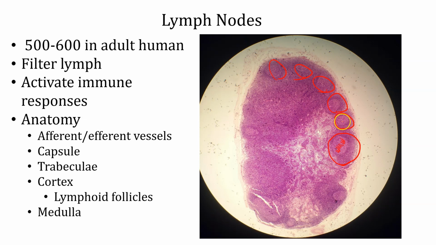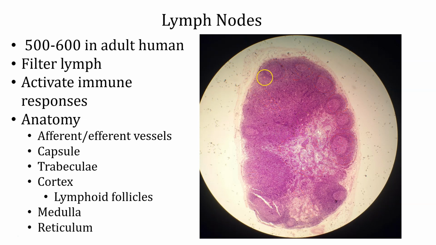Then you can see all of the T cells surrounding them in these big follicles. In the middle, this is where fluid collects before it goes outward. You can't really see the afferent and efferent vessels, and I wonder if that's because they're coming in from the bird's eye view, then collecting here and leaving out. That could be why.